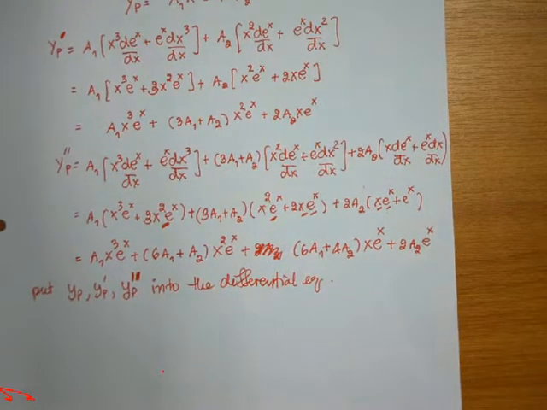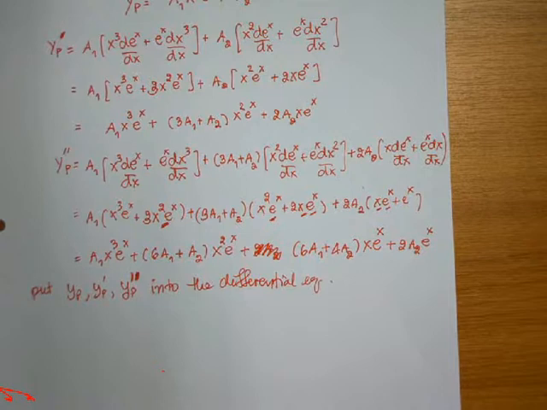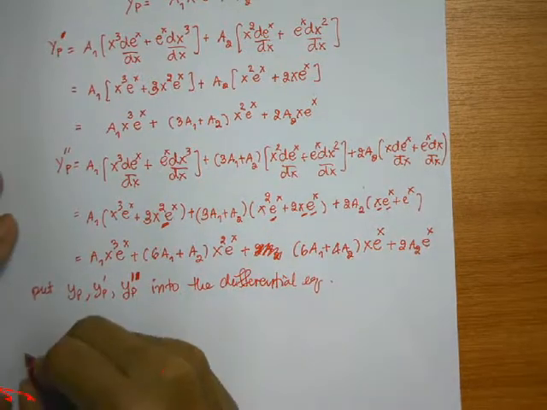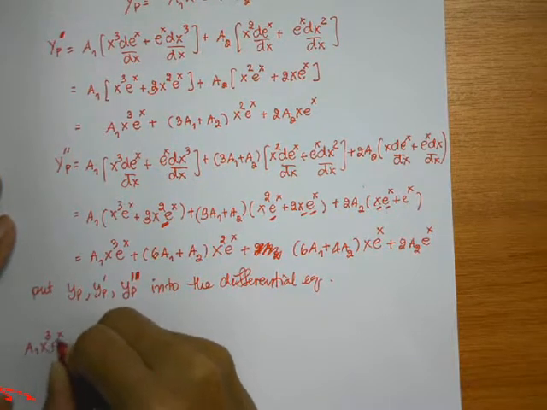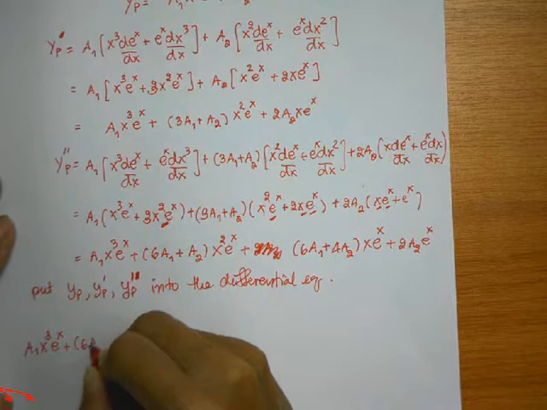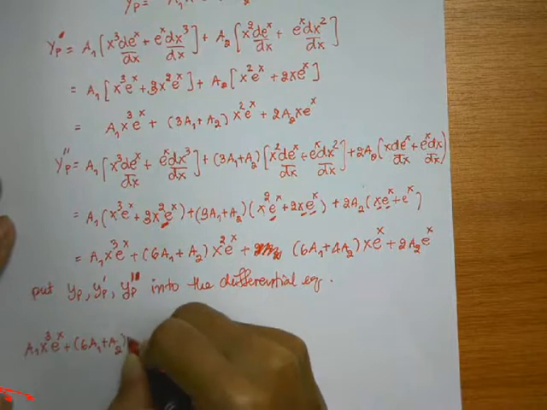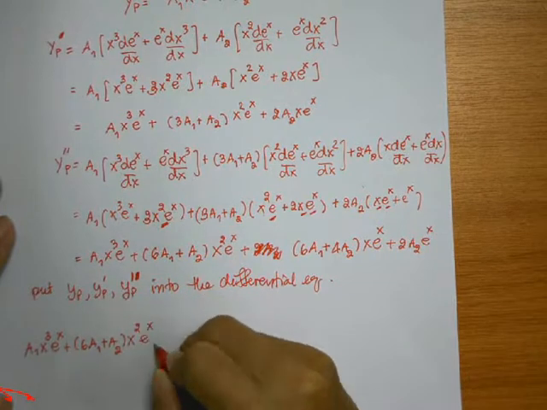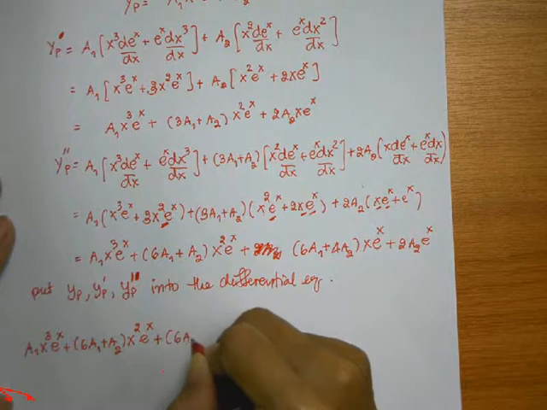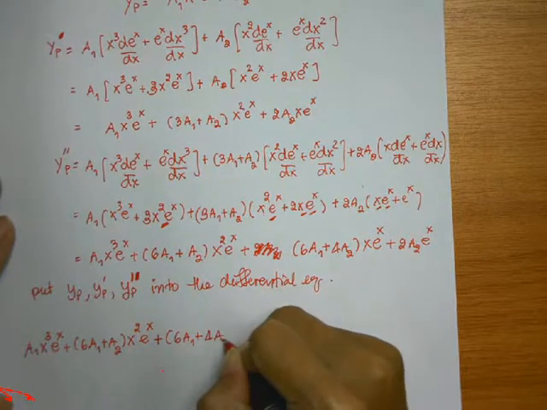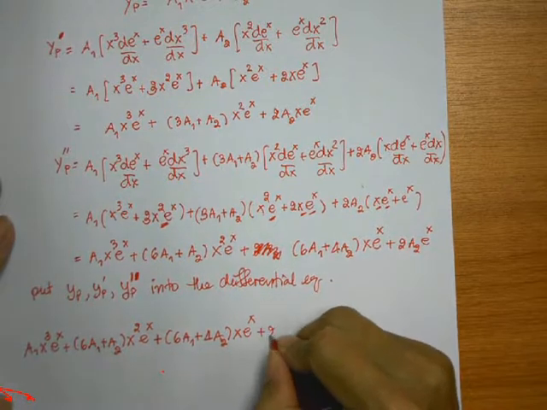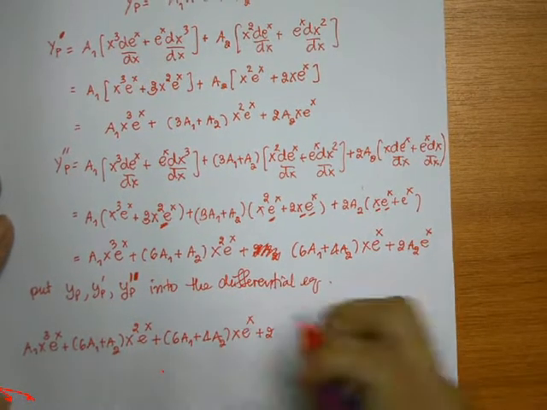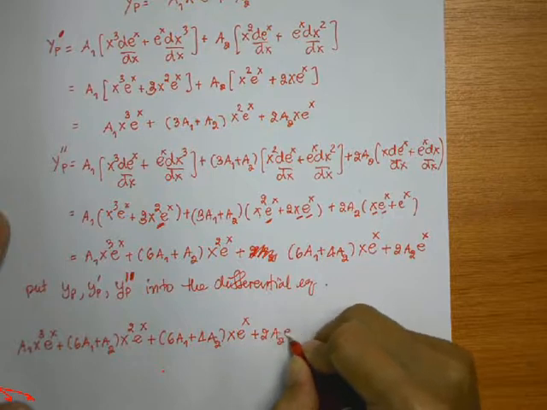So we would get a1 x to the power 3 exponential of x plus 6a1 plus a2 x squared exponential of x plus 6a1 plus 4a2 x times exponential of x plus 2a2 exponential of x.